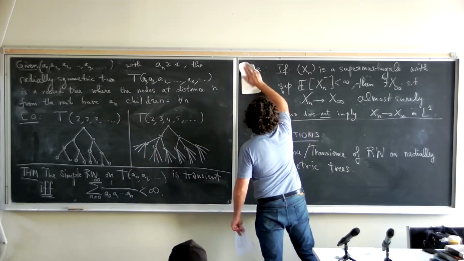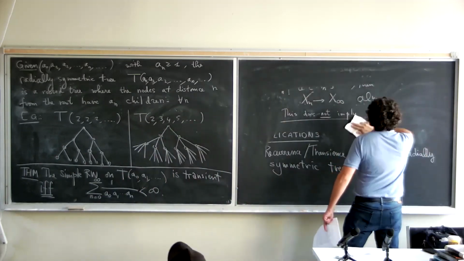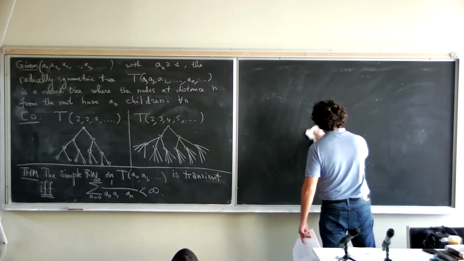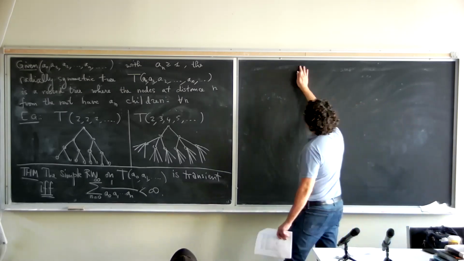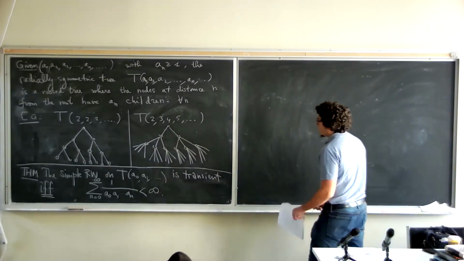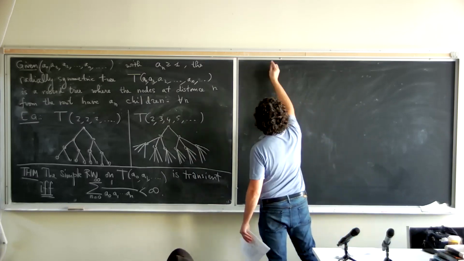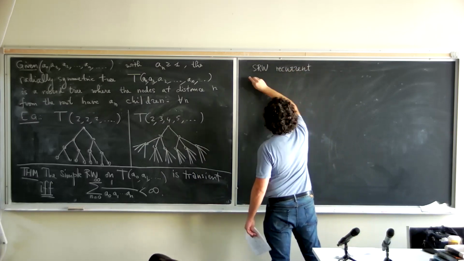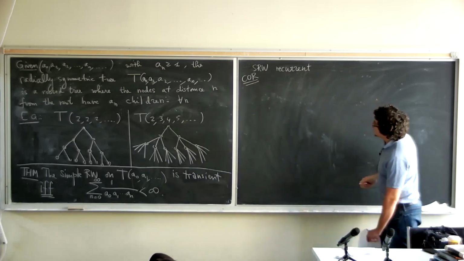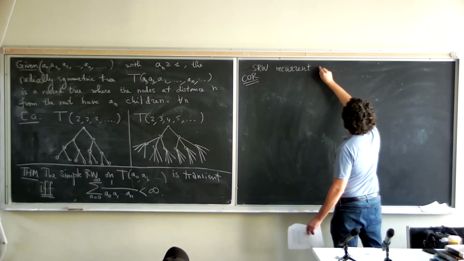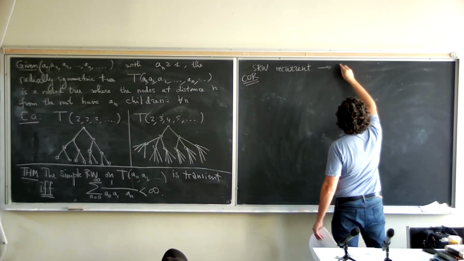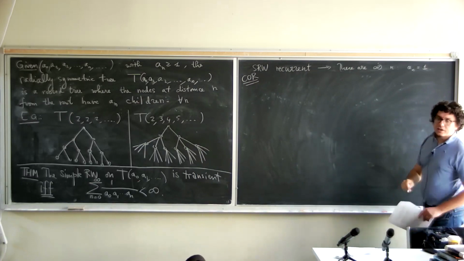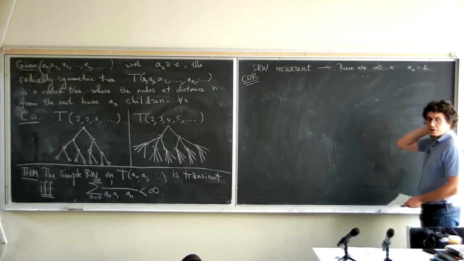So let's see. In fact, if the simple random walk is recurrent, as a corollary, definitely there are infinitely many n's such that an equals 1, because otherwise there would have to be at least 2, and then you would have a geometric series.